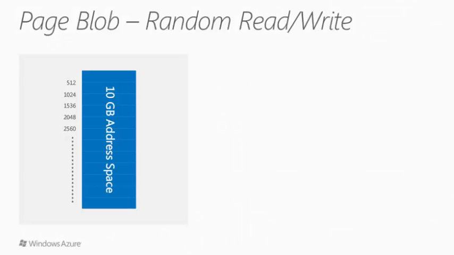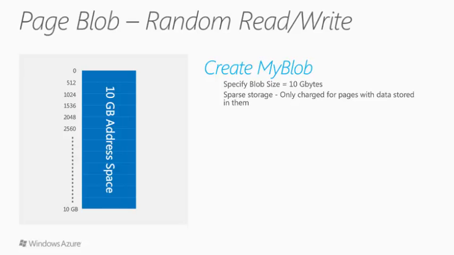The next one is called page blobs, and the main idea of page blobs is that they are optimized for random read and write operations. So you create your blob, but in this case you should say that you will create this blob, and this blob will have up to 10 gigabytes of data.